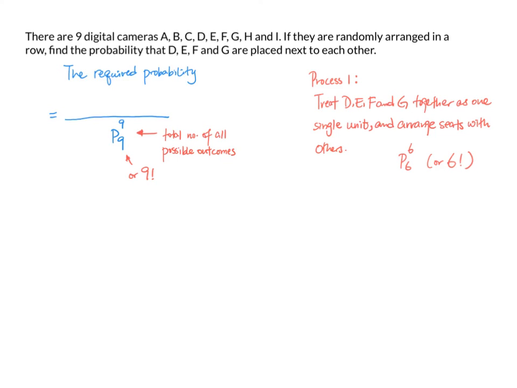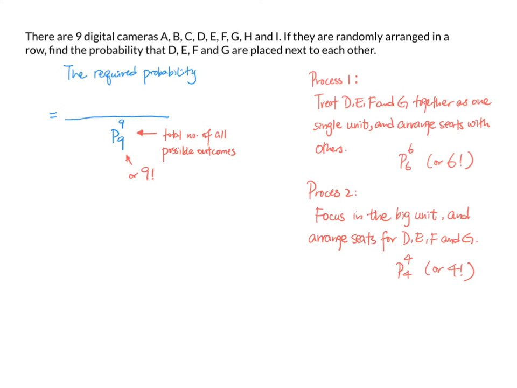Now the second part is you focus on these 4 cameras and you arrange a seat for each of them, and obviously that would be 4P4 or 4 factorial. I'm not going to repeat all these in detail because you should have done this in the previous chapter already. And so the numerator would just be this, and so the answer would be 1/21.